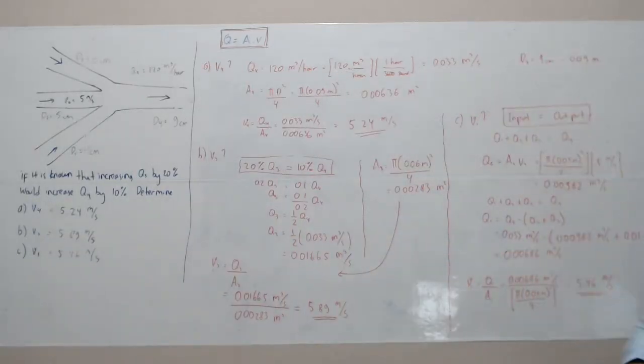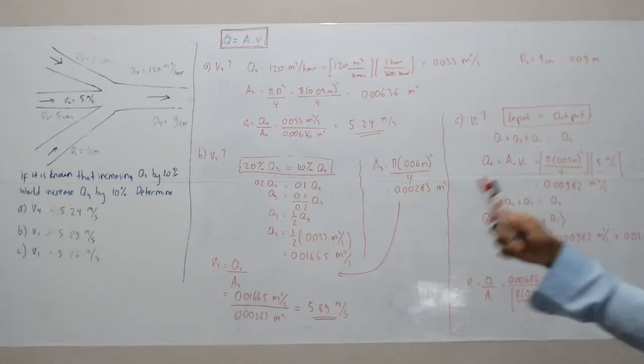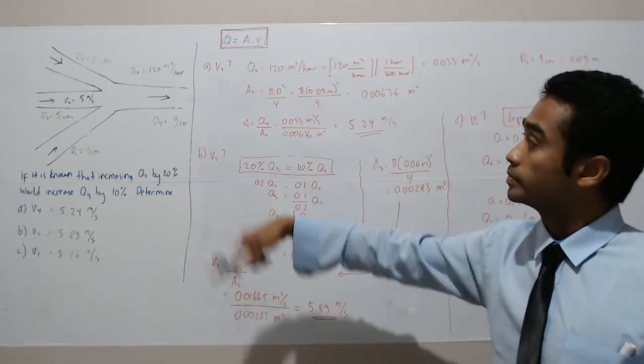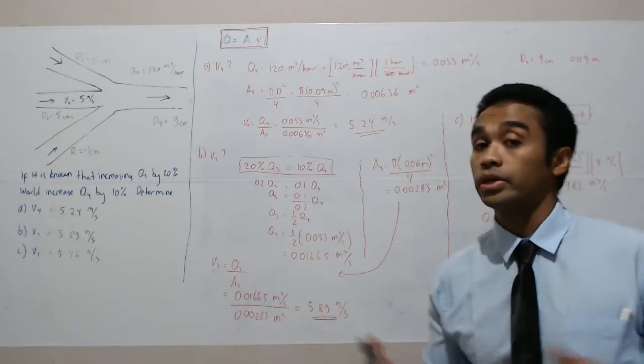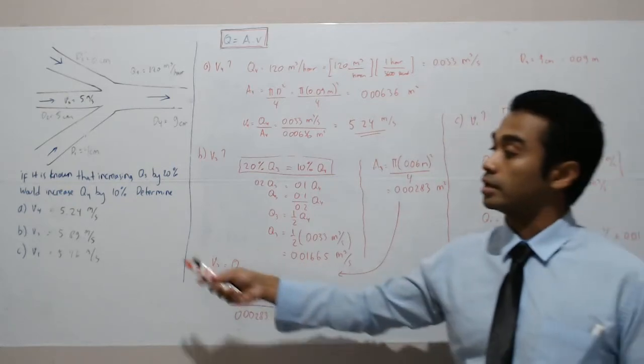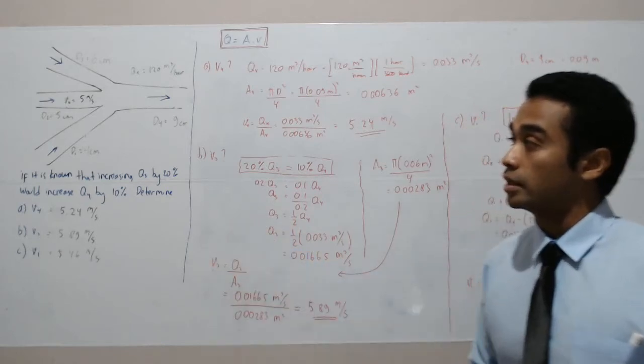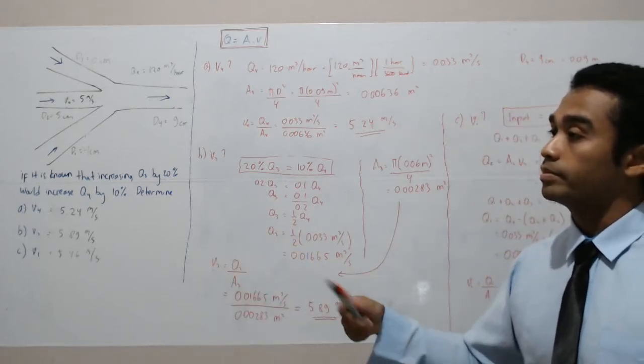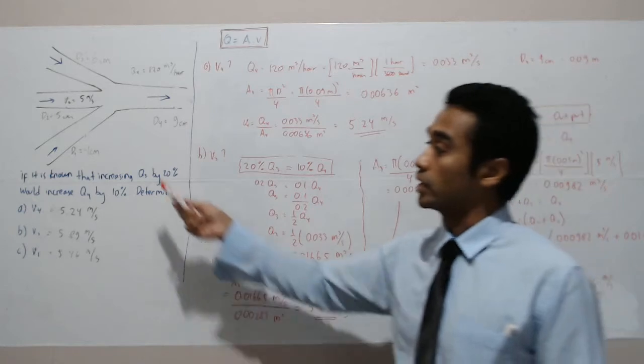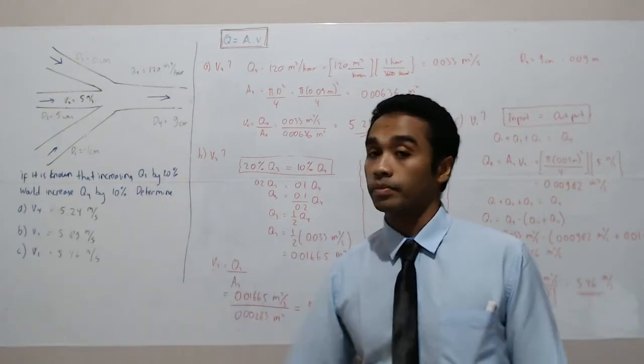Now, so that's it. We solved the problem. We solved basically this whole problem just by using one equation. Although it's a simple problem, it gets a little bit more confusing unless you can analyze the system.